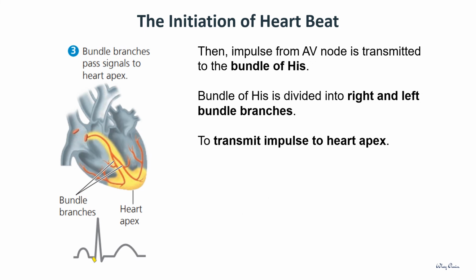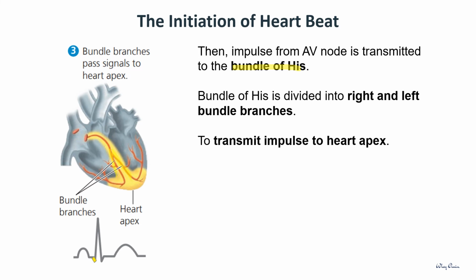After the delay of 0.1 second at the AV node, the impulse is transmitted to the next component, which is the bundle of His. The bundle of His will be divided into two bundle branches, the right bundle branch and the left bundle branch.